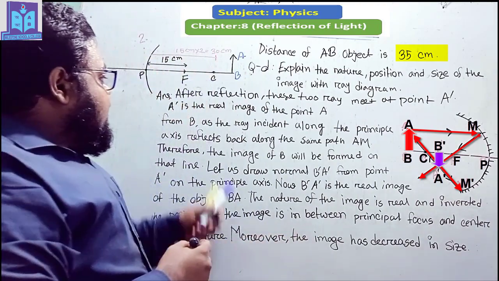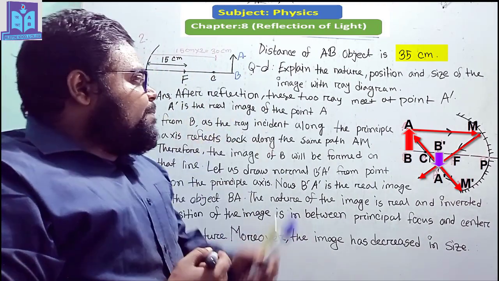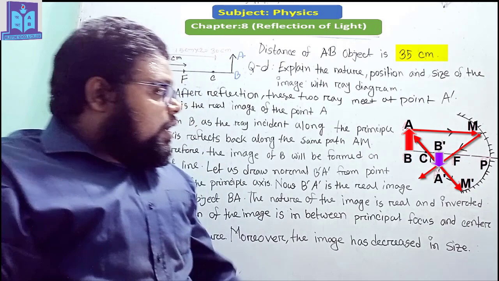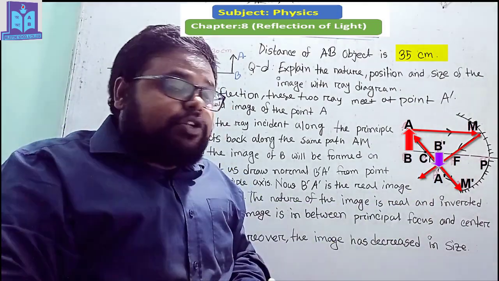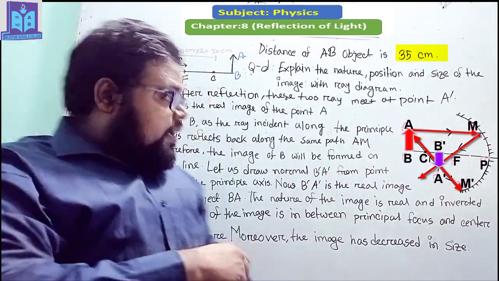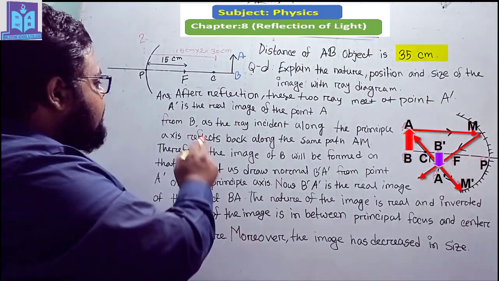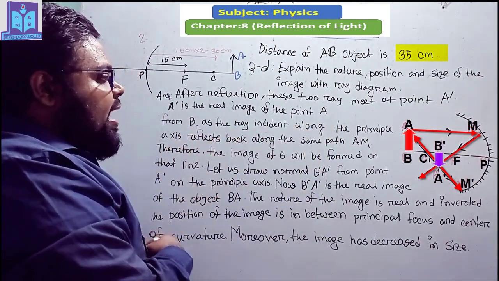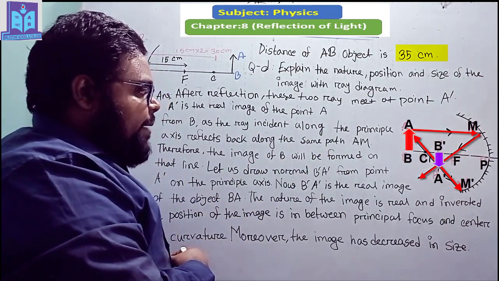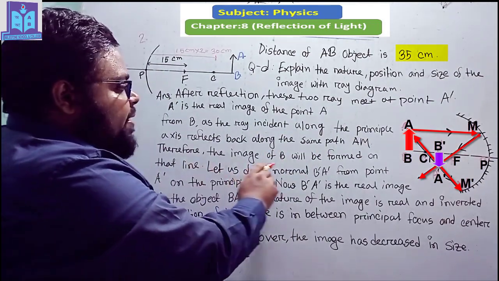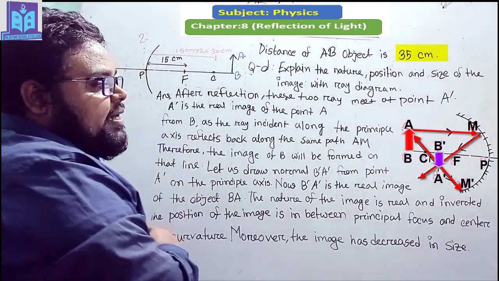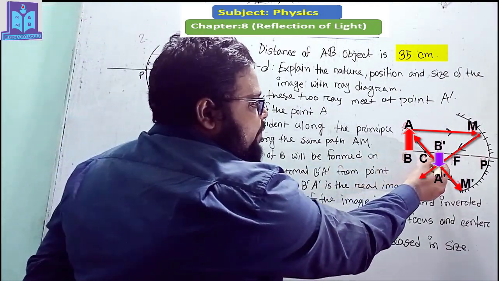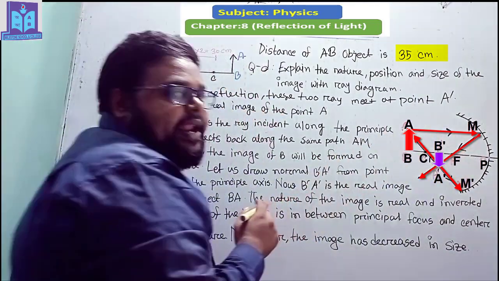That means A' is the real image of A point. And here, as the ray incident along the principal axis is reflected back along the same path of AM, the image of B will be formed on that line. That means the image of B will be formed at the main axis.